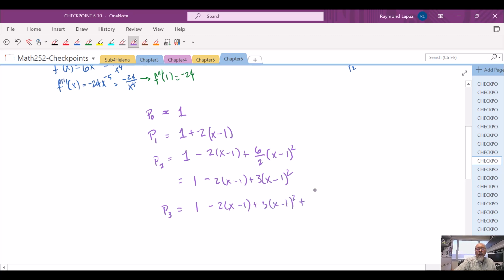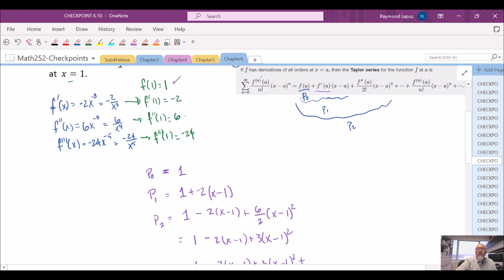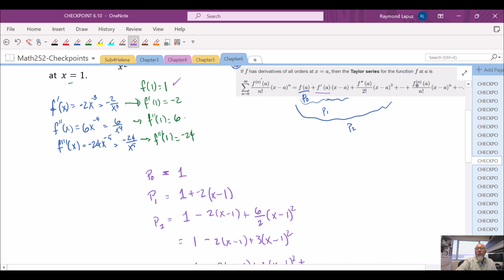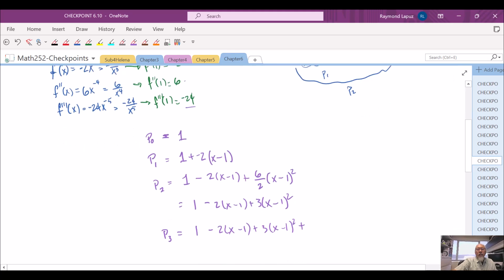Now we add on our new term, which is the third derivative evaluated at a divided by 3 factorial. The third derivative evaluated at a is negative 24, divided by 3 factorial, which is 3 times 2 times 1, so that's 6. And then we multiply by x minus 1 to the third power.